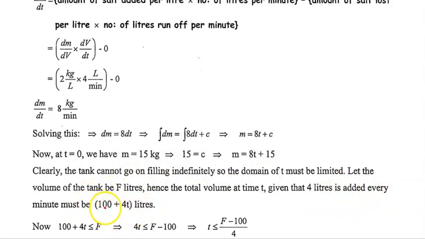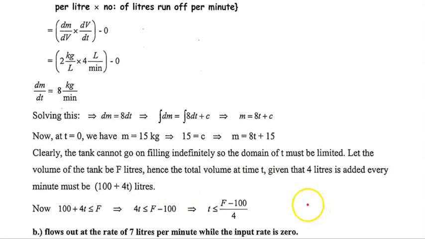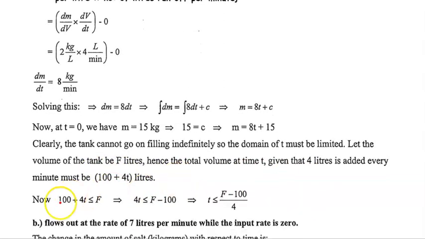Initially we start off with 100 litres, and then we're adding 4 litres every minute. So we must have 100 plus 4t. Now 100 plus 4t must be less than or equal to F, whatever F is, however many litres it is for the tank. So rearrange that, we have 4t less than or equal to F minus 100, or t is less than or equal to (F minus 100) on 4.